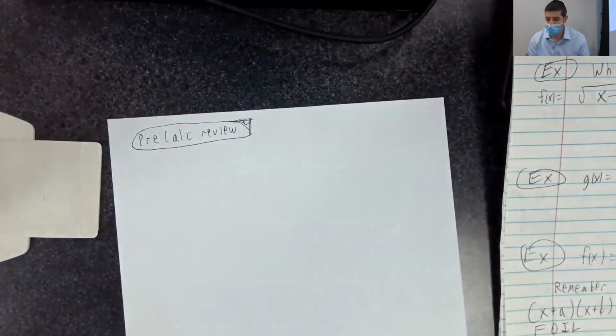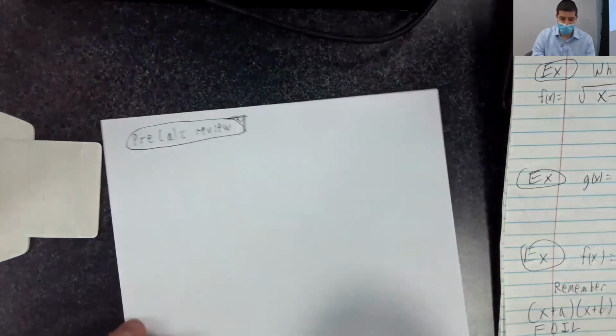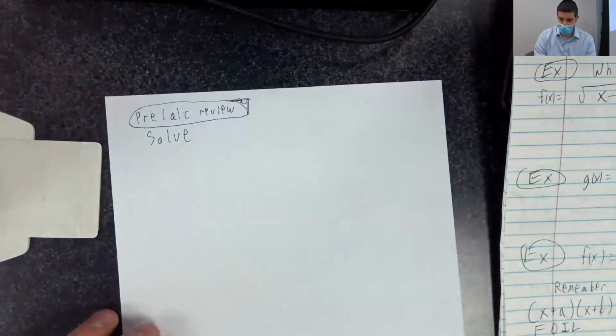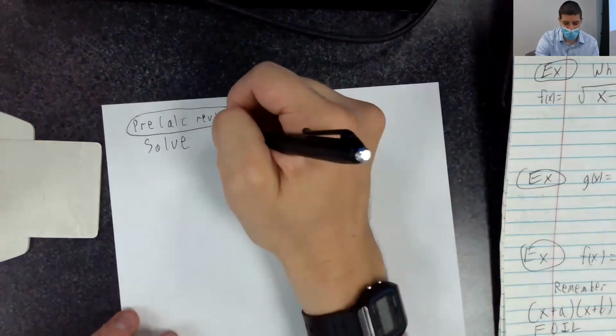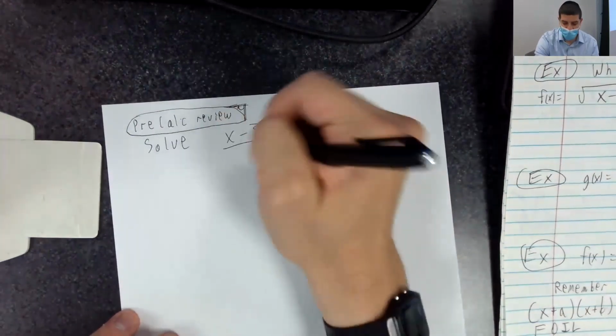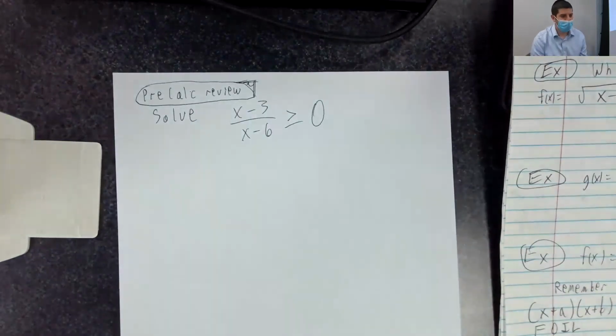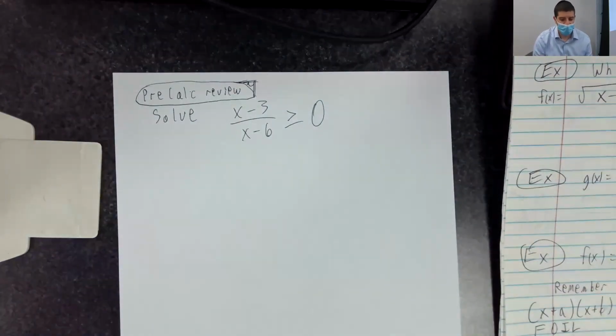Okay, this is one of the big things that we need from pre-calc that you'll need in WebAssign. I'll show you in a second how it relates to the domain. Solve (x minus 3) over (x minus 6) greater than or equal to 0. Solve that. Okay. Now, what does that mean? Right, watch very carefully on how to do this.